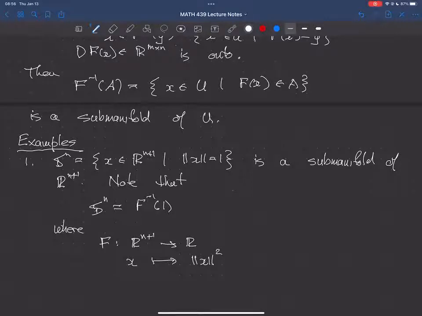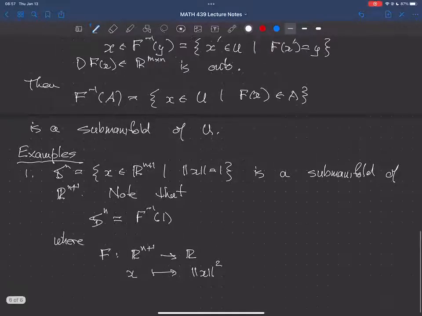That's obvious, right? This is just the definition of Sn: the set of points X in Rn+1 which take the value 1 under this map F.